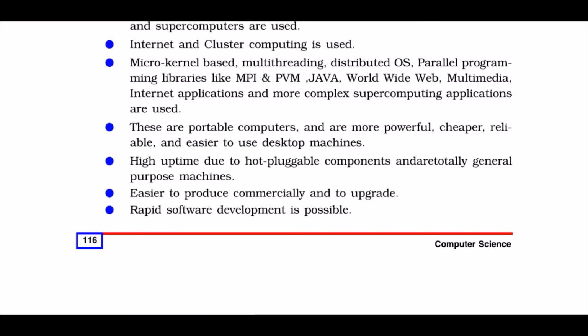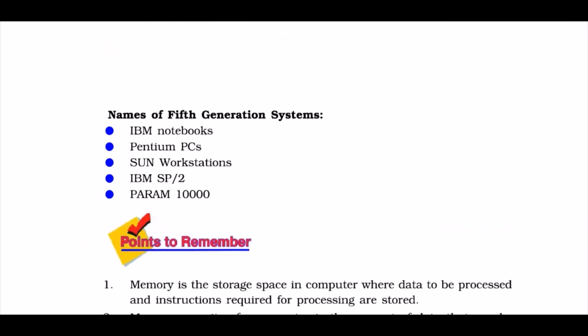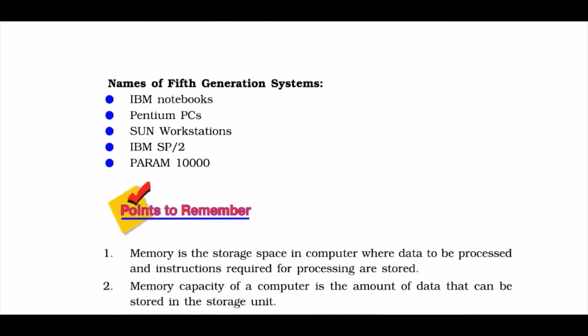What do you mean by hot pluggable? It can be charged anywhere. Easier to produce commercially, with rapid software development. Some fifth generation computers: IBM notebooks, Pentium PCs, Sun workstations, IBM SP2, PRAM 10,000.